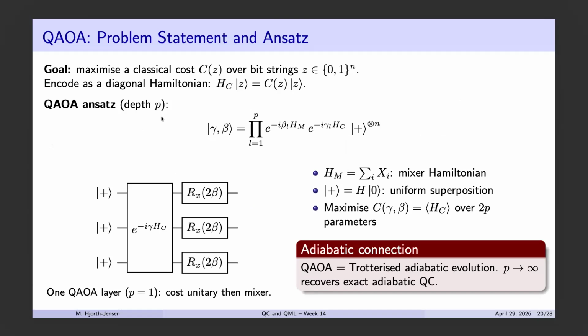And then the ansatz, which reflects the depth of the circuit, is given by this mixer Hamiltonian, which essentially contains a set of Hadamard operations, which is this part here. And then we have the different rotation gates. Since these operators, H of M and H of C, don't commute, we need to use a trotterization with adiabatic evolution.